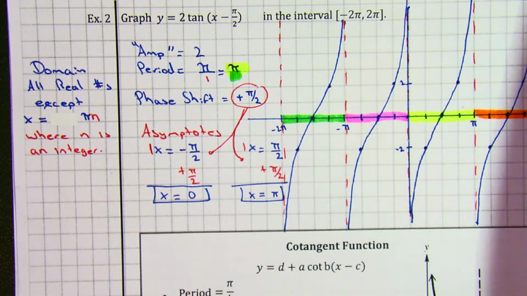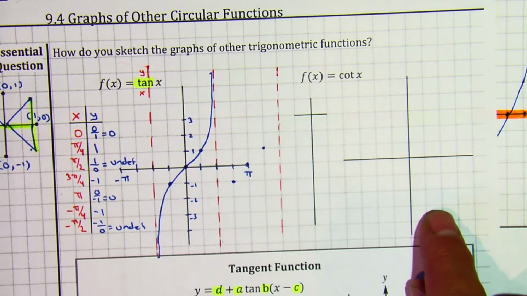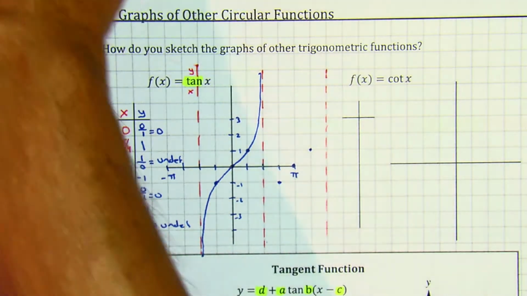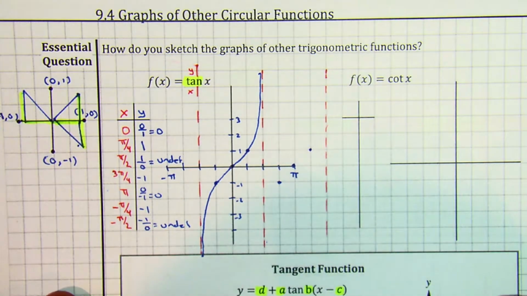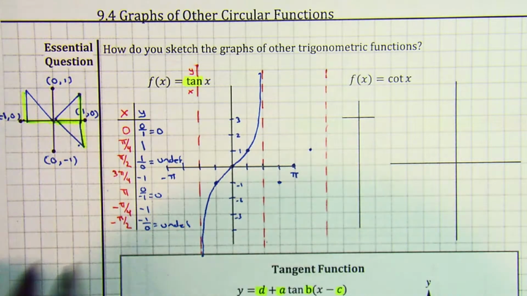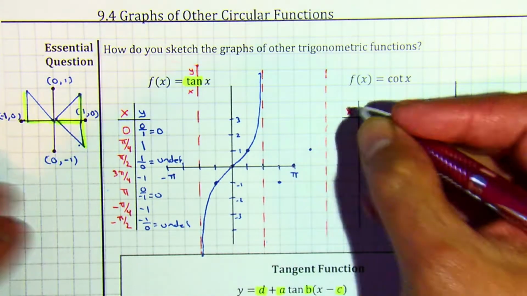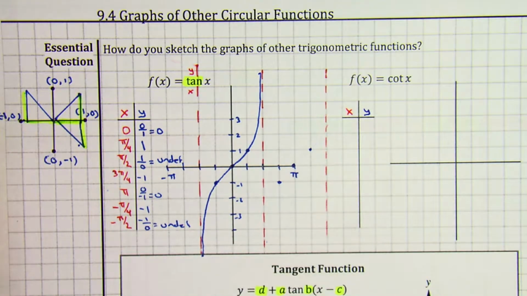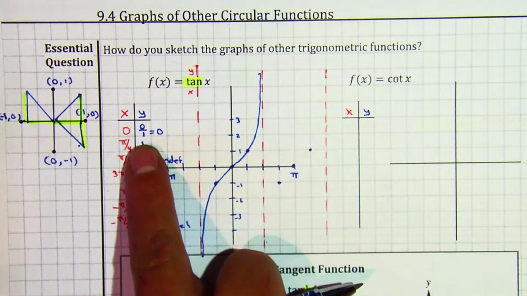Now let's go back to building your cotangent graph. For cotangent, we're going to go through the same process. X and Y. And now remember that cotangent is the reciprocal of tangent.